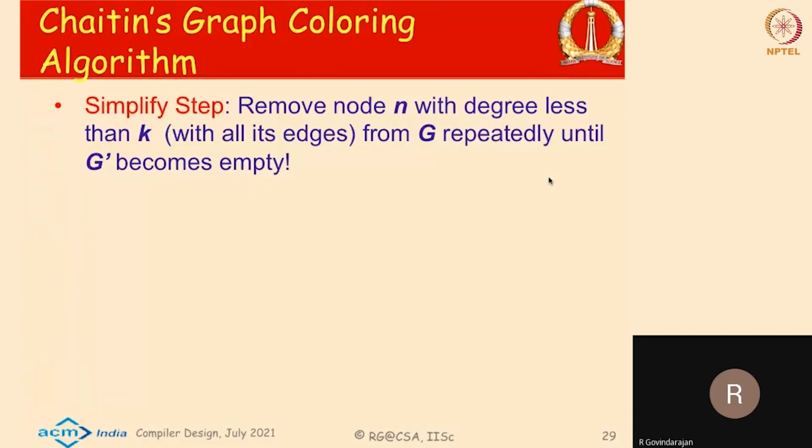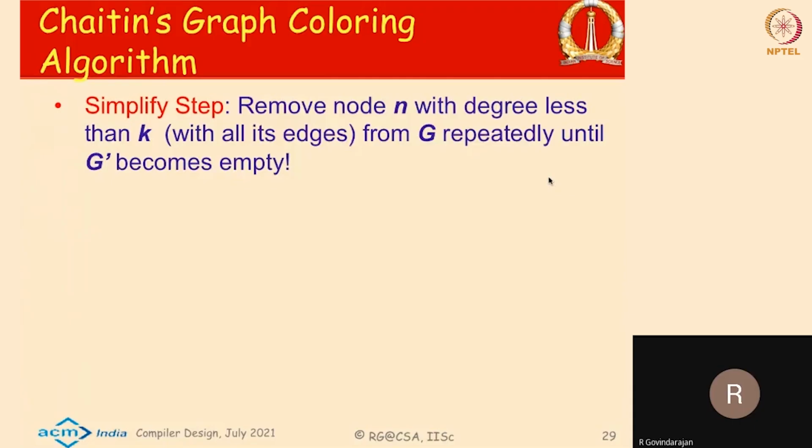So Chaitin's graph coloring algorithm proceeds in the following way. It has what is called the simplify step, which takes the interference graph and keeps removing nodes which have fewer than k edges, one after the other.